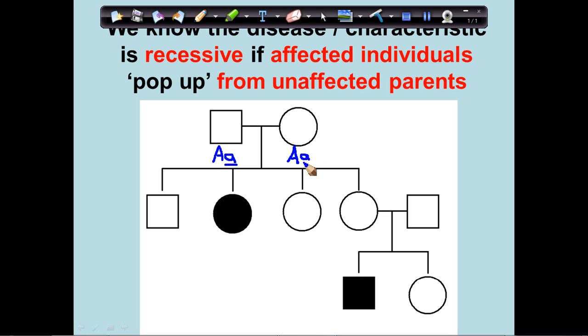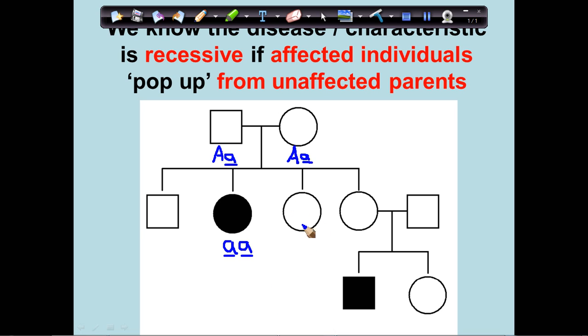They must also have a hidden recessive allele. And this child here must be little a, little a. They must have 2 of these recessive alleles, which then are no longer hidden. They have the condition or the characteristic we're interested in. That's the only possible way a child can be different from both parents.